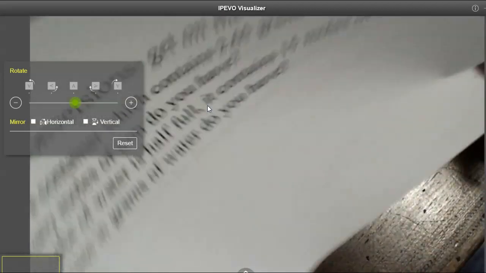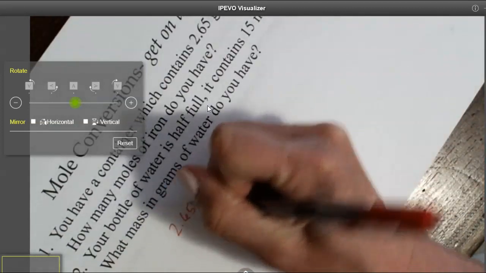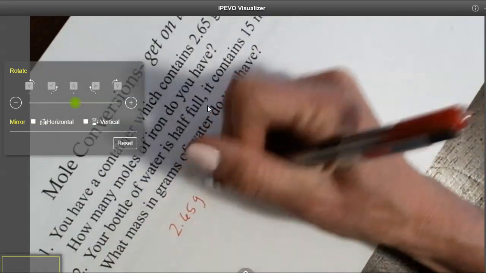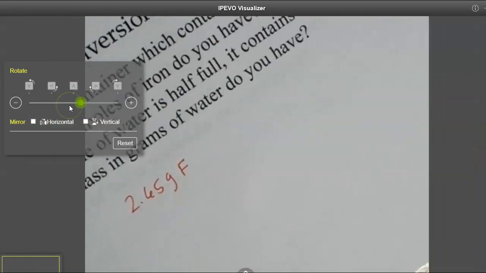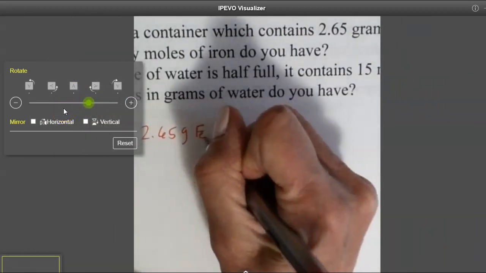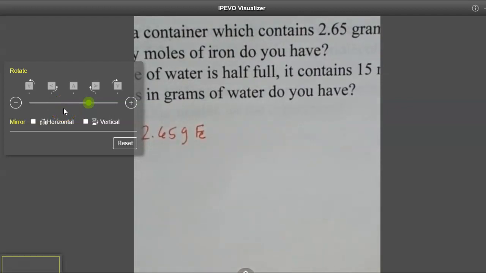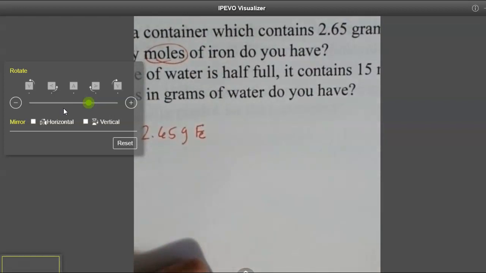It tells us that we have 2.65 grams of iron. Now, we have to get from grams to moles. As you can see, it says moles right here. So, in order to go from mass to moles, we have to jump on the molar mass highway.